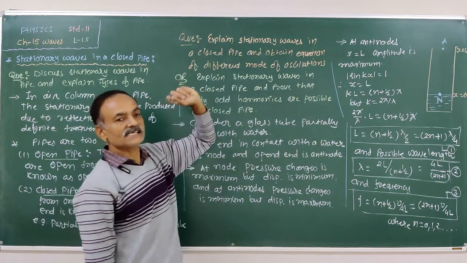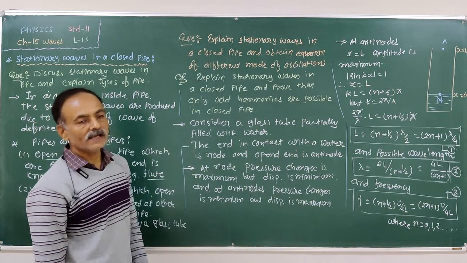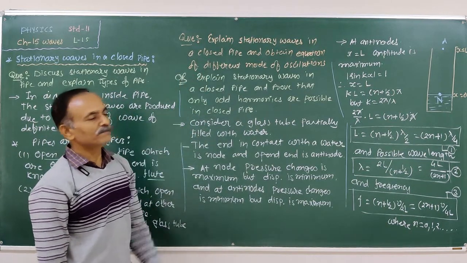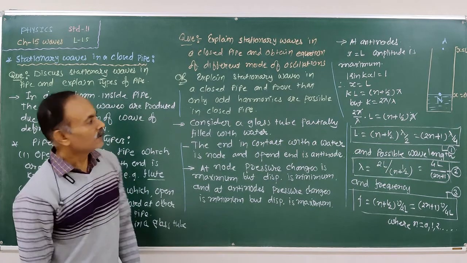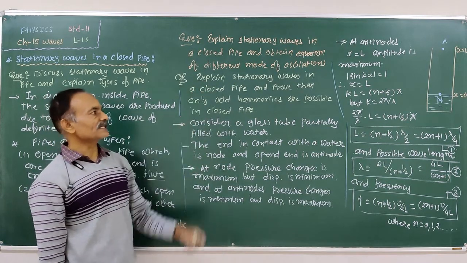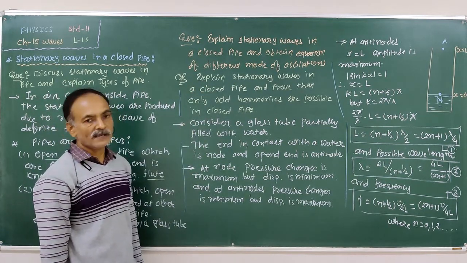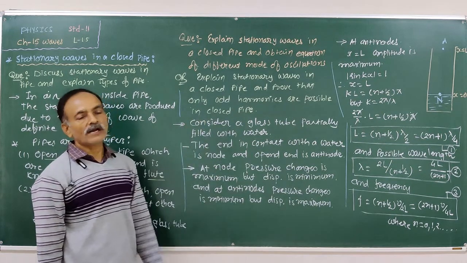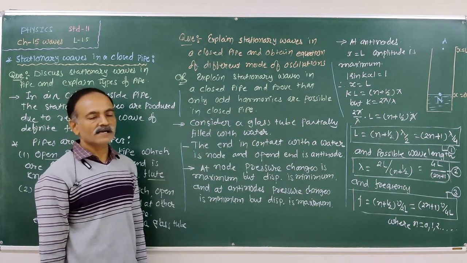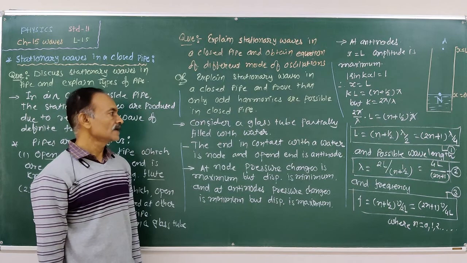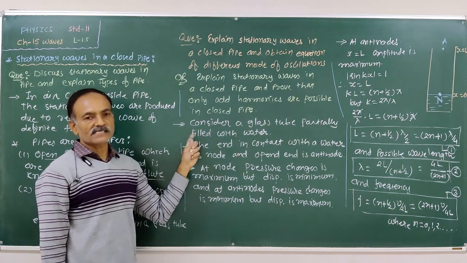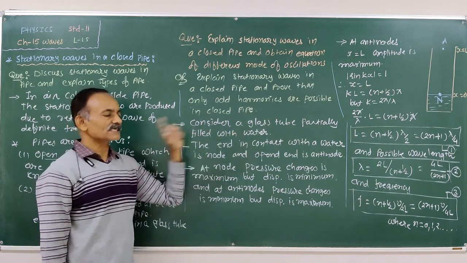Explain the stationary wave in a closed pipe and obtain the equation of the different modes of oscillation. For this question we can also be asked, explain the stationary wave in a closed pipe and prove that only the odd harmonics are possible in a closed pipe. So consider a glass tube partially filled with water acting as a closed pipe.